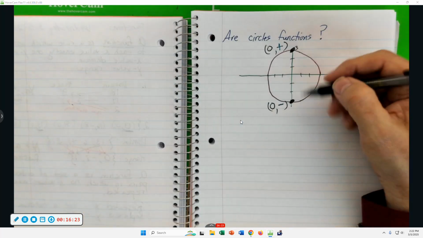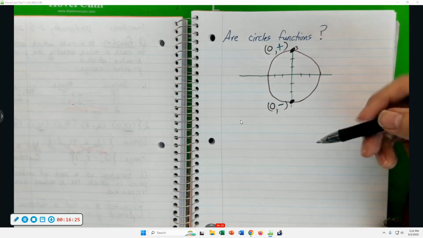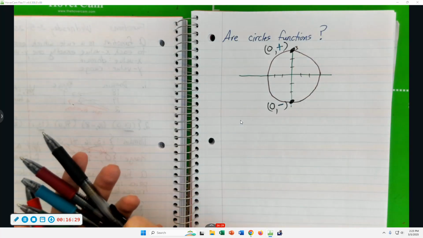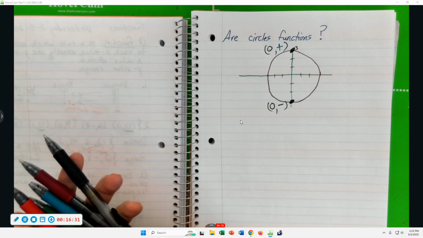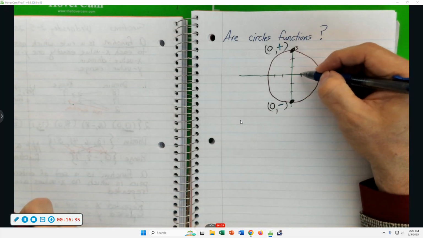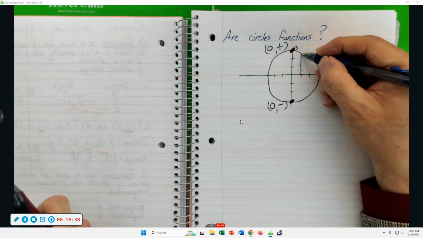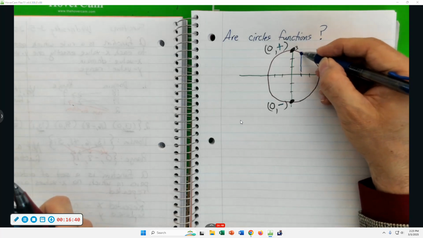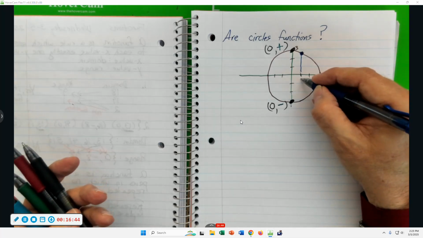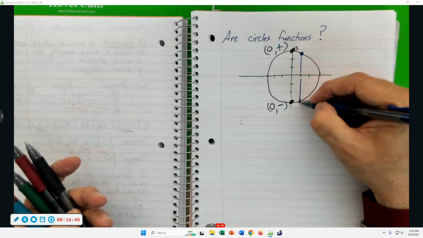And there's really nothing special about the y-axis. Anywhere you can draw a vertical line, like right here, I'm at the number 1. If I drew a vertical line, here's a point that has 1 as its x value, and here's another one.